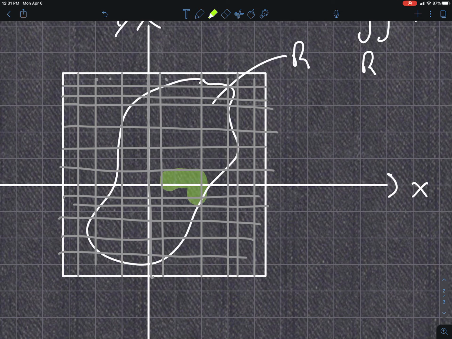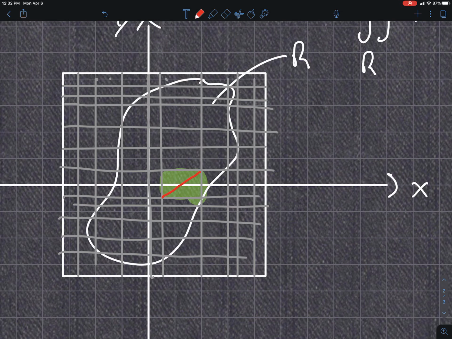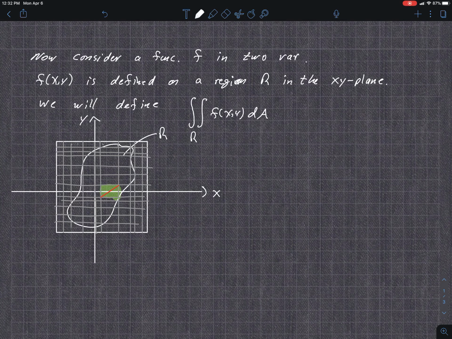Maybe this one is the largest rectangle, and what we'll define is the norm to be the length of a diagonal. The norm is going to be the length of the largest diagonal, and we'll shrink that to 0, which makes everything else basically shrink to 0. Getting a little ahead of myself there, but that's what we'll be doing.